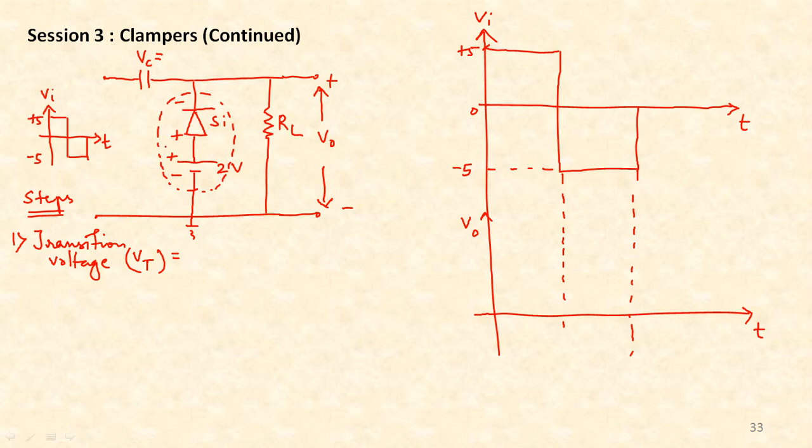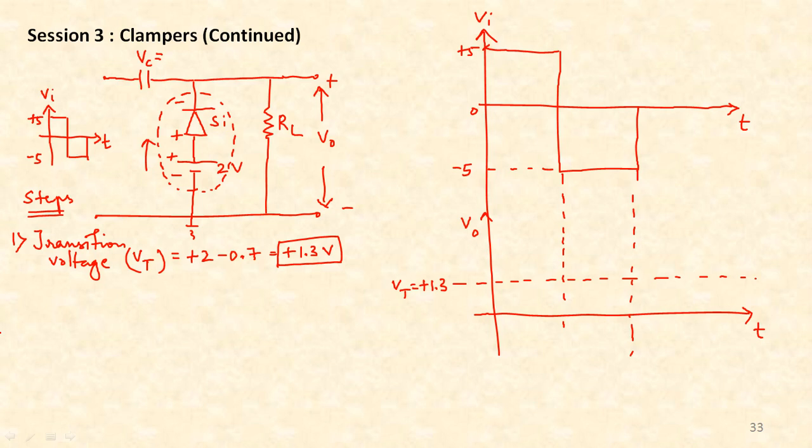Going by the convention which we usually follow, it's plus 2 volts from the DC battery and minus 0.7 volts from the diode. So overall it is plus 1.3 volts. That's our transition voltage, which we'll represent in the output waveform section. So that's our Vt, which is plus 1.3 volts.